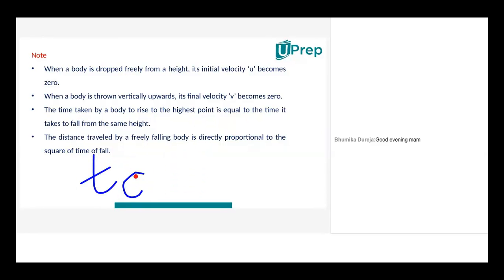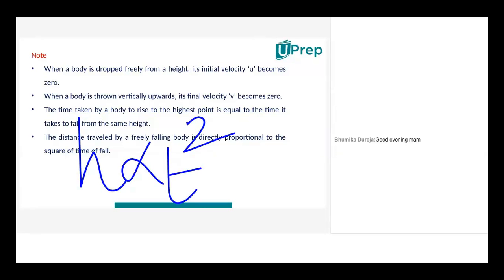Certain sign conventions need to be considered while solving numericals. Here is a quick look at those sign conventions. g is taken positive in the same direction as that of motion. What is the direction of g? It is always vertically downwards.